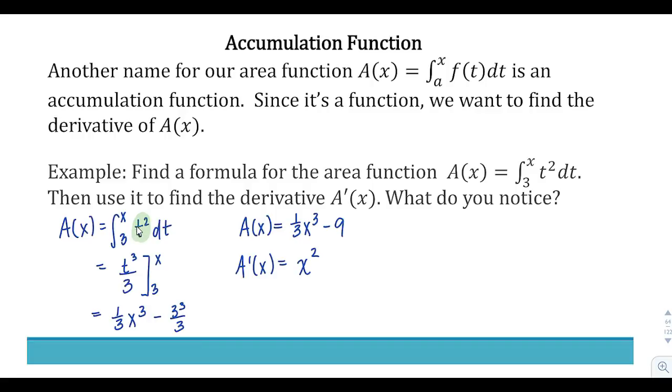And if we look at attempting to take the derivative of an integral like this, what happened was we ended up getting just x squared out as our answer. So the A of x function, its derivative was simply x squared, which is just the integrand of our accumulation function, but with x substituted in instead of the dummy variable t. So keep that in mind.